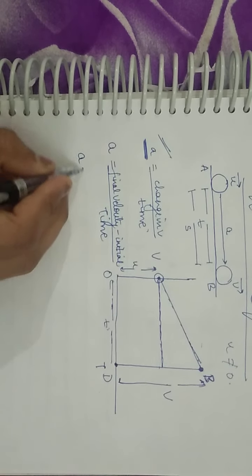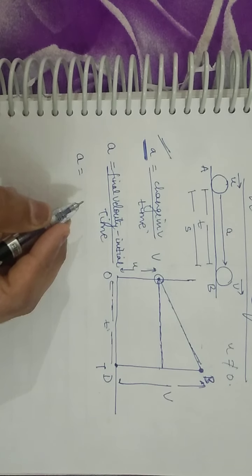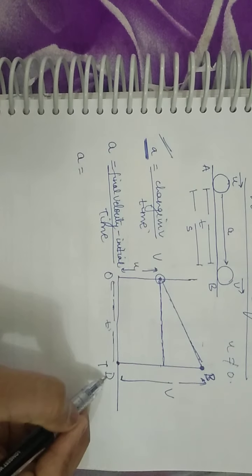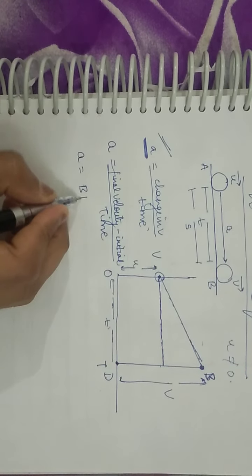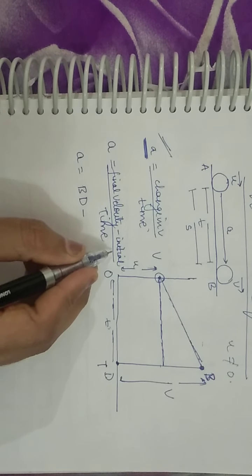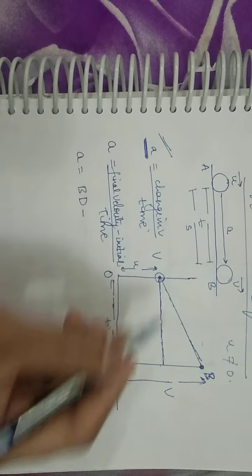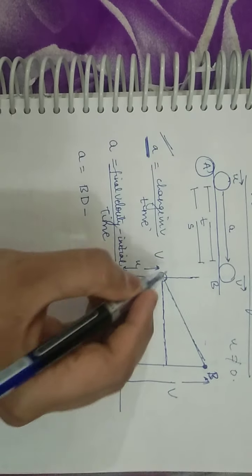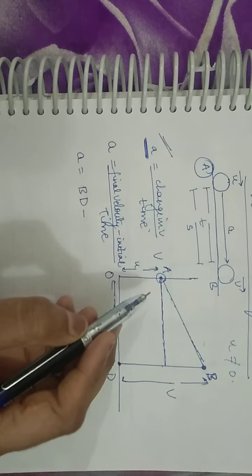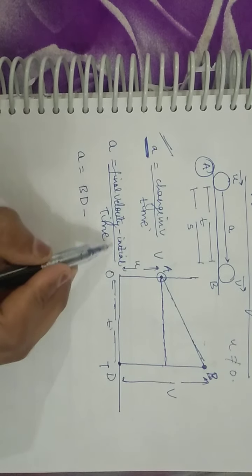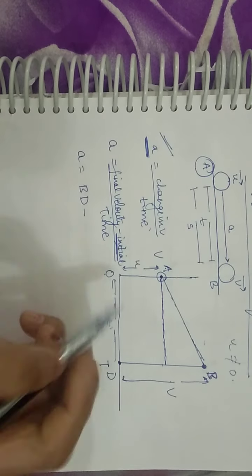So what is the final velocity here, students? Final velocity is BD. And your initial velocity is, let this point be A, students. This is point A. So this initial velocity is AO.